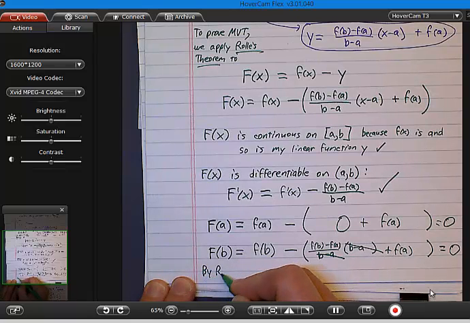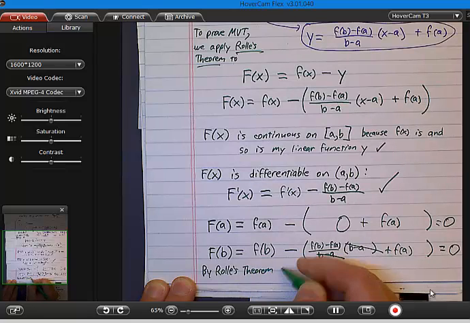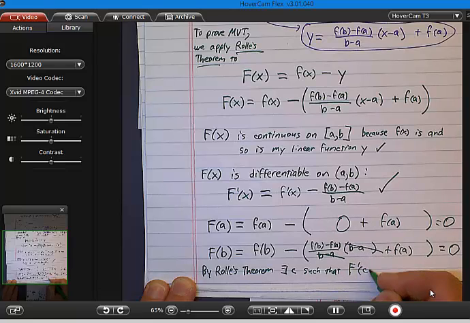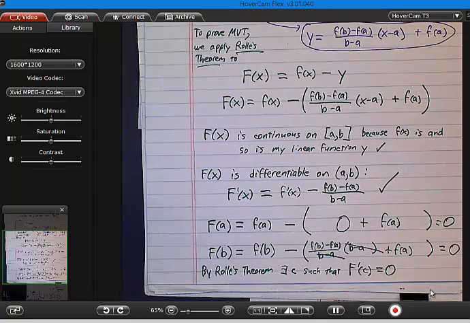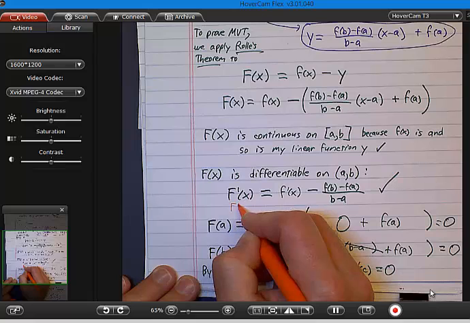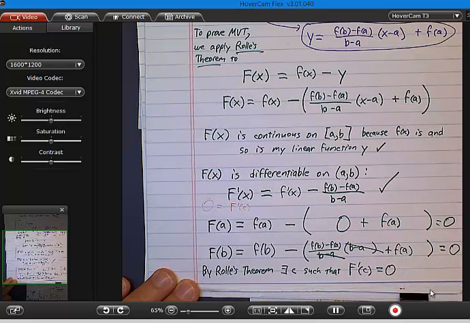By Rolle's theorem, there exists a C such that big F prime of C is equal to 0. Now, what is big F prime of C? I guess I could fill that in right here. Big F prime of C, we know that that equals 0, right?